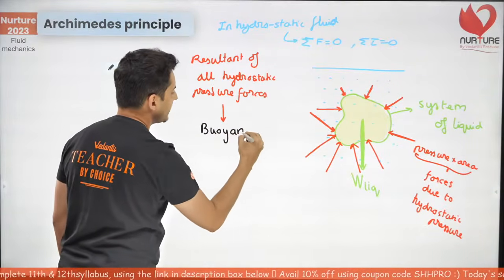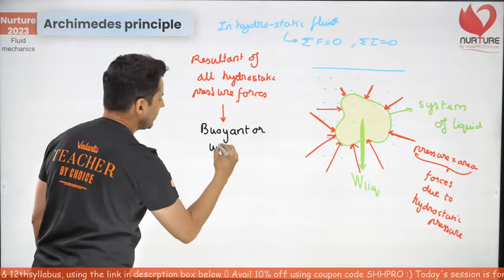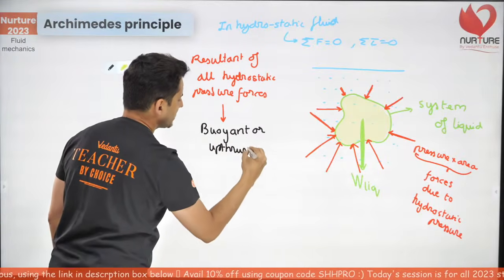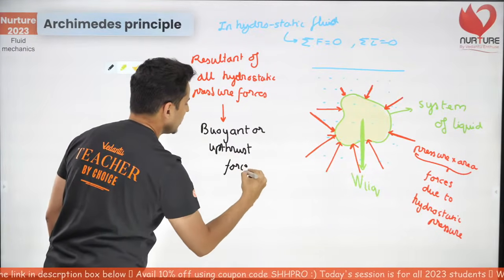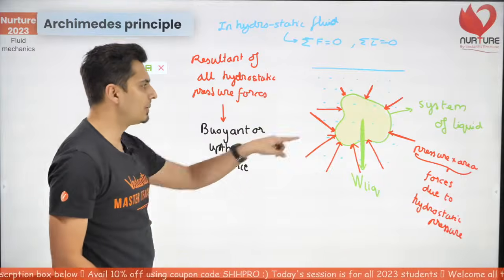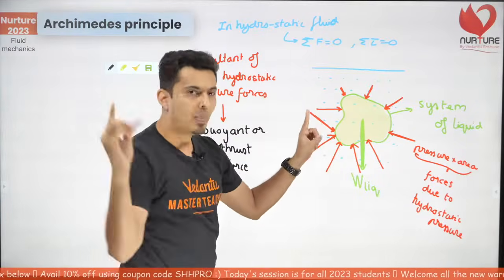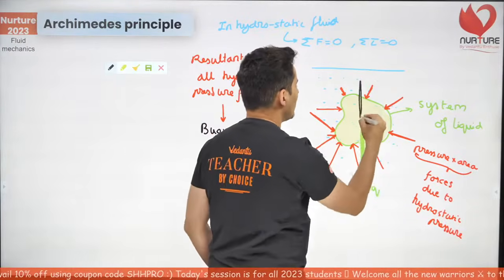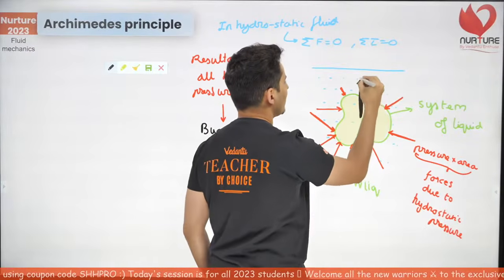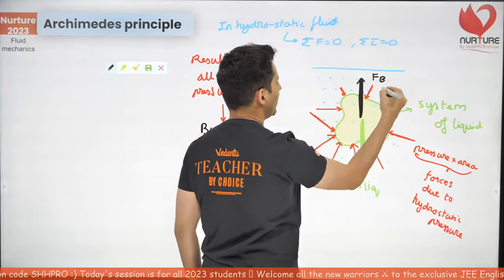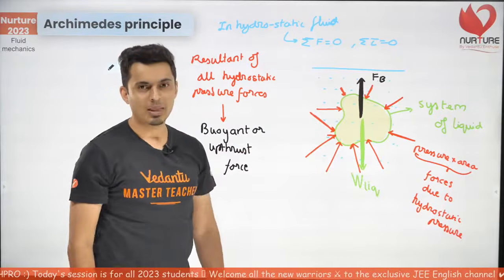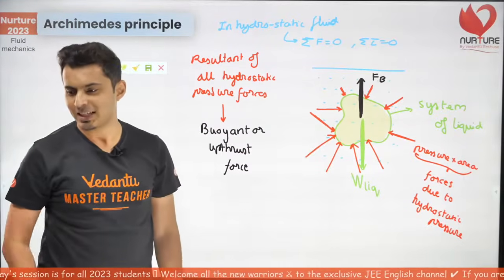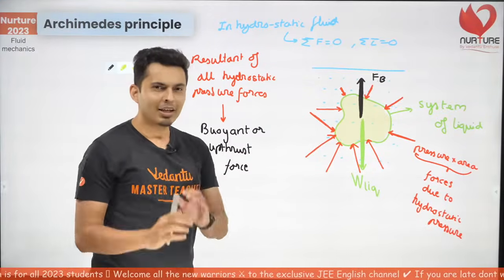This is called the buoyant or upthrust force. That's what you call it. It's the resultant of all of them, and it will be upwards exactly this way. So this is your buoyant force, FB. I hope this is making sense.